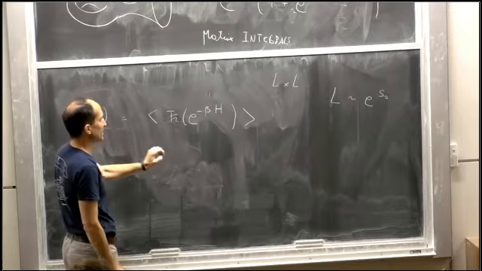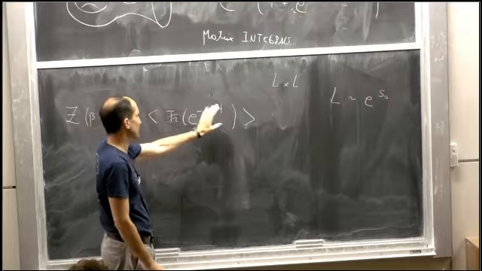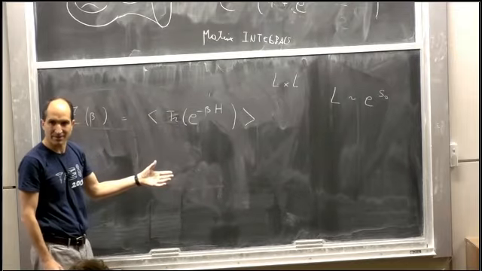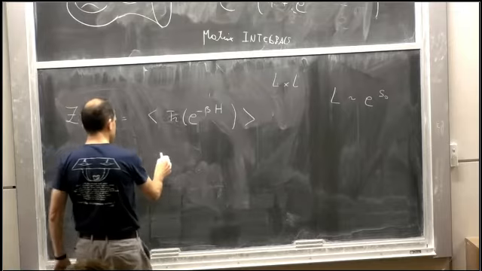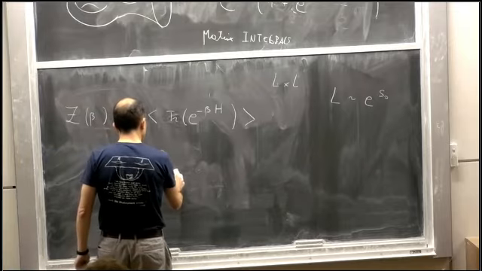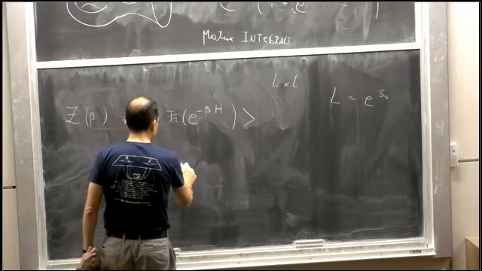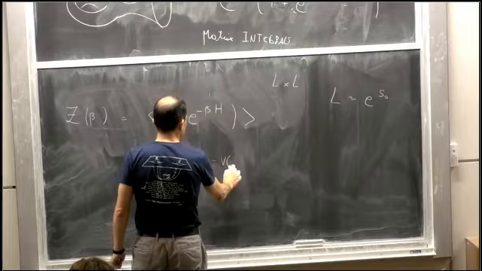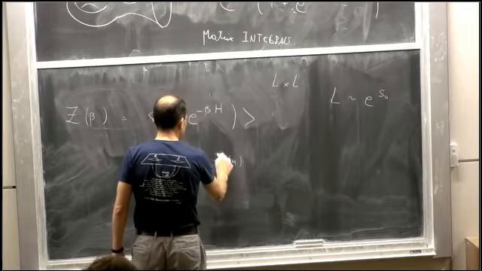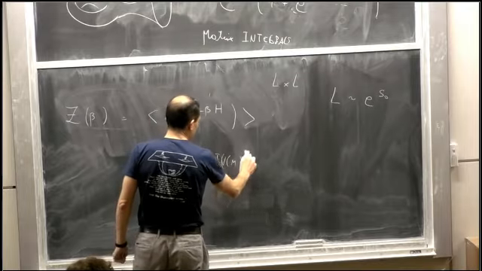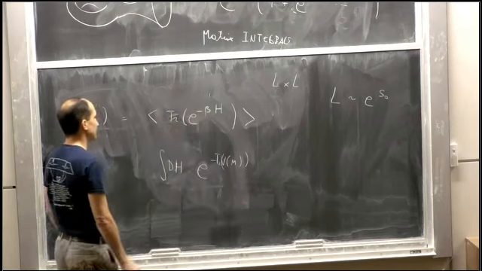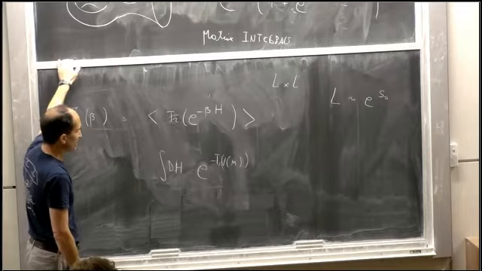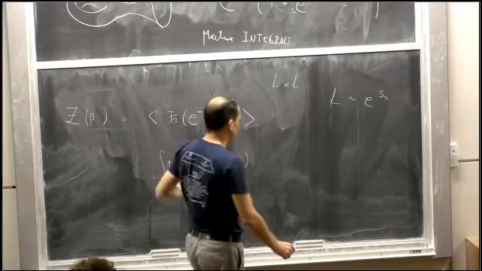So we have a matrix of this size, and we are computing this, and we have to specify what the measure is for the matrix integral. So it's basically a matrix integral dH with some measure given by some potential, which is a trace of some function of H. The potential is not quite known, but you don't need it to solve the theory.